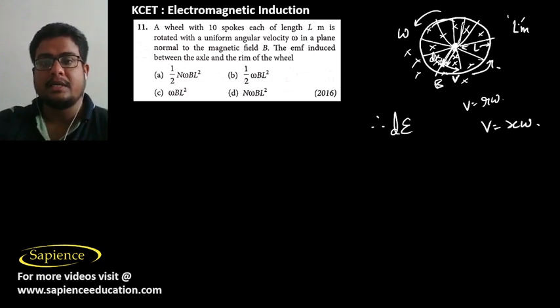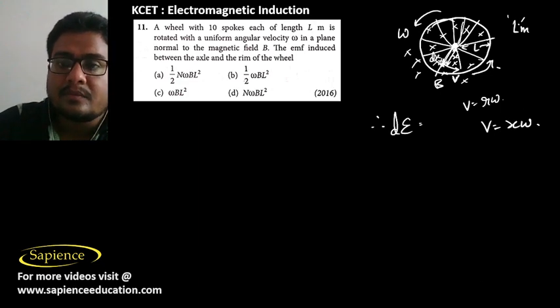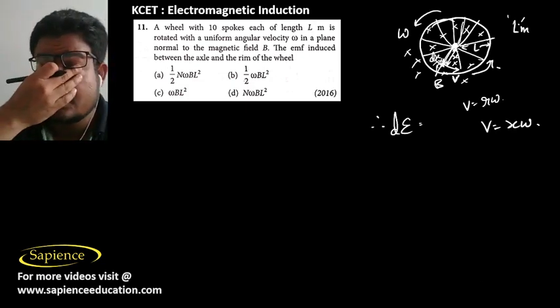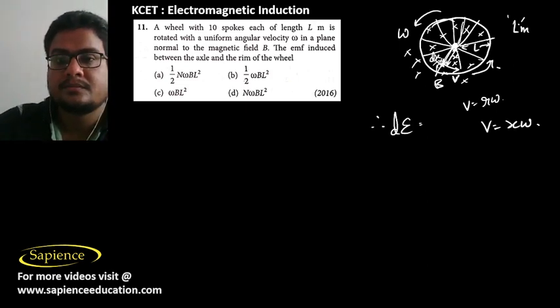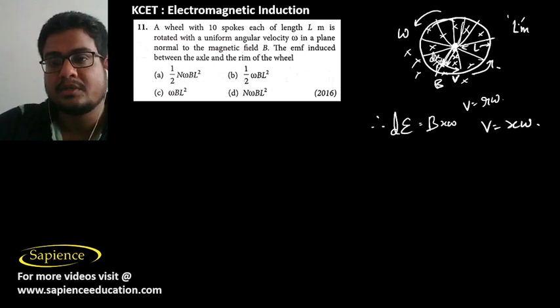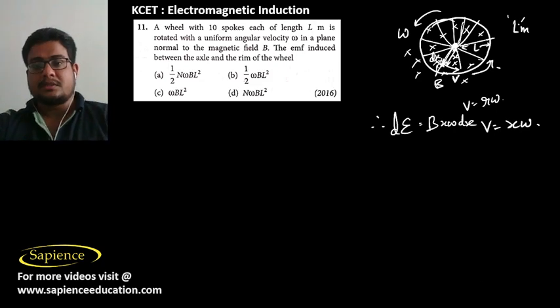Therefore the small EMF which is induced in that length at that point P, dE, the small EMF that will be induced at this element, is equal to B V dx, that is B x omega into dx.